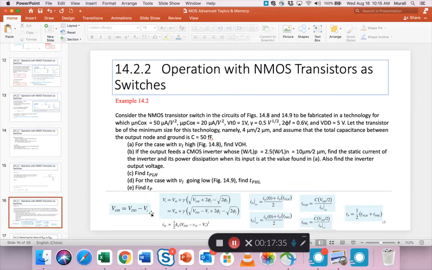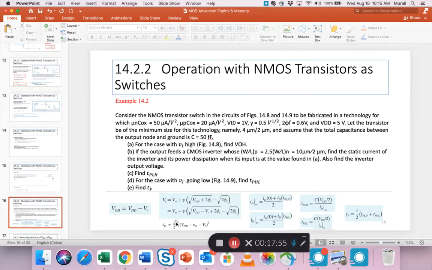Part B is all about the inverter, and there he uses the formula for saturation current, or current in the saturated PMOS device. This VDD minus VO is actually the gate to source voltage.